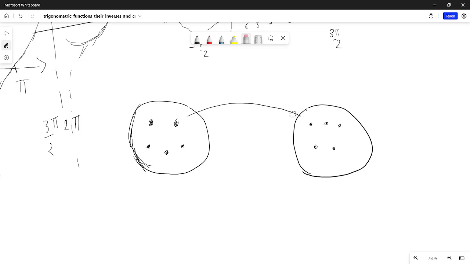A function is defined so that this is impossible, and so that everyone gets something. This point can't get more than 1 point. That's impossible. But everyone gets something, and it could get the same point. But important is that 1 point doesn't get too many points. More than 1 is already too many.